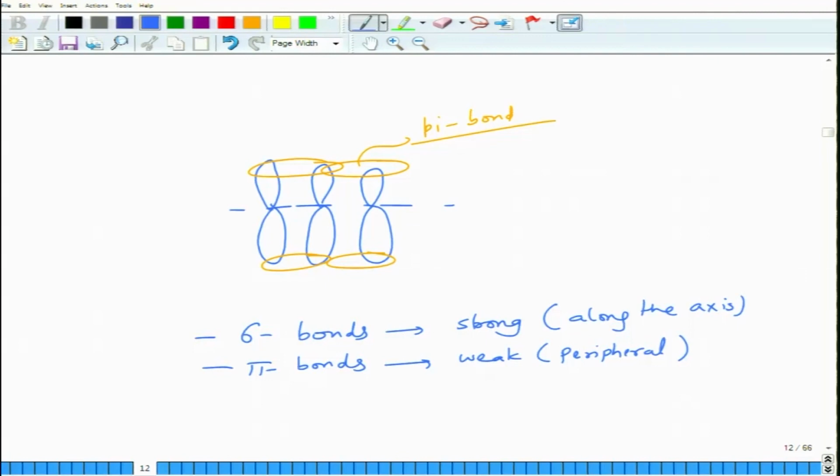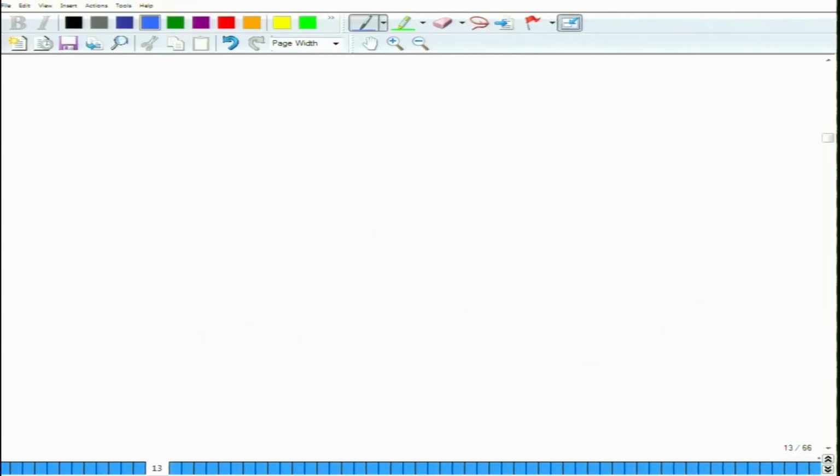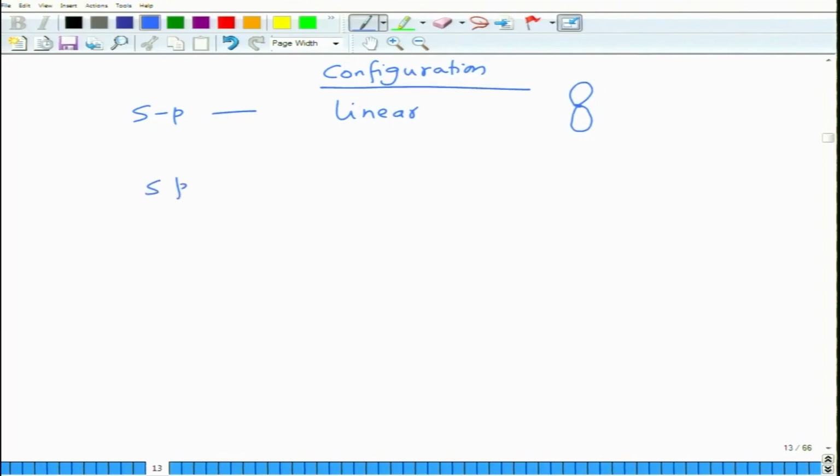All right. So, typically you will see if you have sp hybridization, then the configuration will be linear. So, if I write the configuration, sp will lead to linear configuration. It would be something like that. If you have sp2, you will have triangular, things like this, and these angles will be 120 degrees.